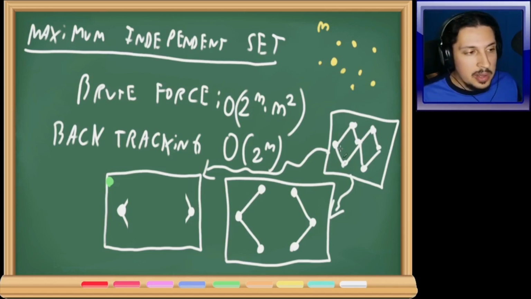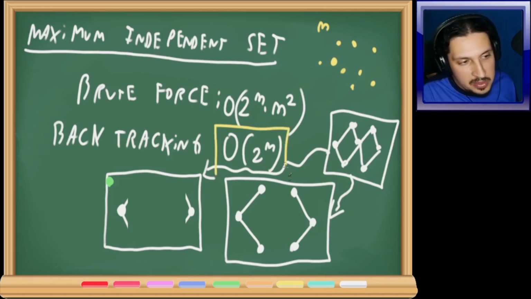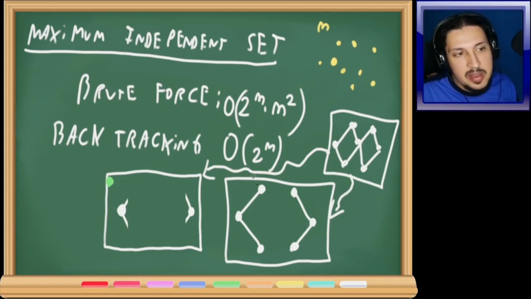But it will call 2 new subproblems. So each additional vertex multiplies by 2 the time that we need to solve an instance. So it will actually achieve this 2 to the power of n time bound. Basically, it will end up looking at all possible subsets because they are all valid.